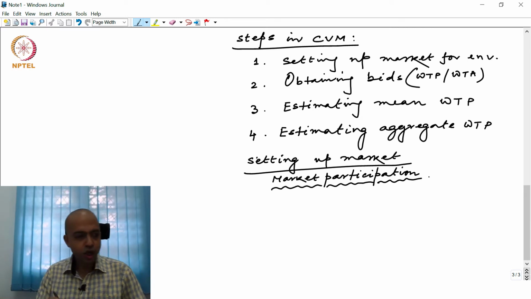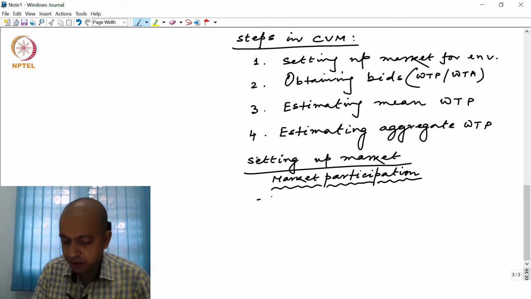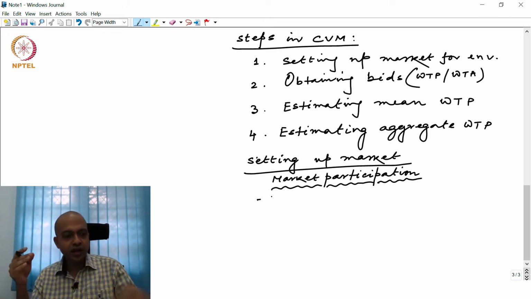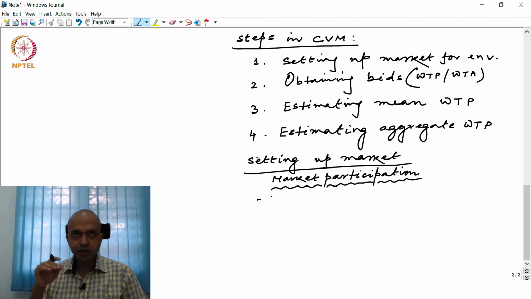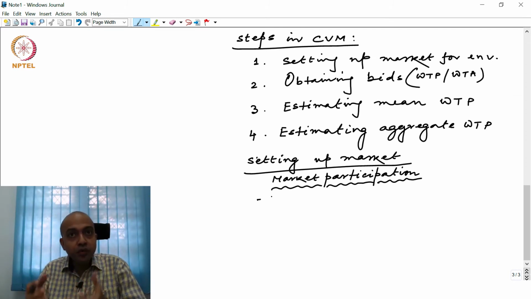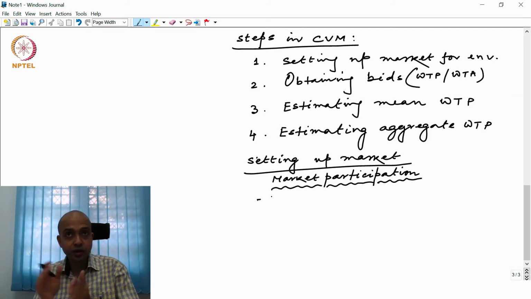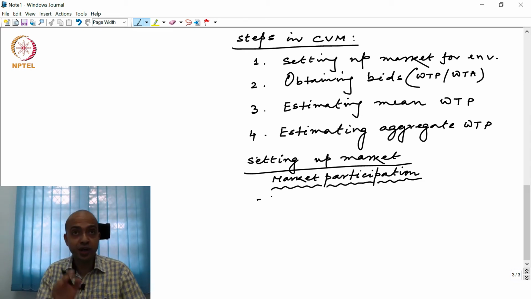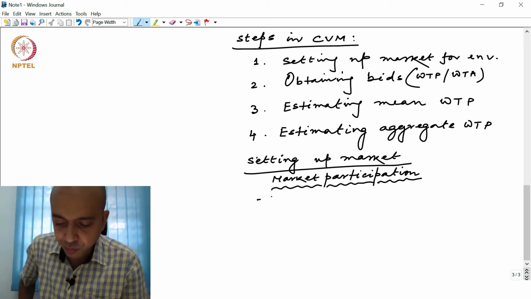When we set up the market, how do we create a market? What type of information do we need to provide to the respondents so that the individual can easily participate in the market? These are the points we have to keep in mind.